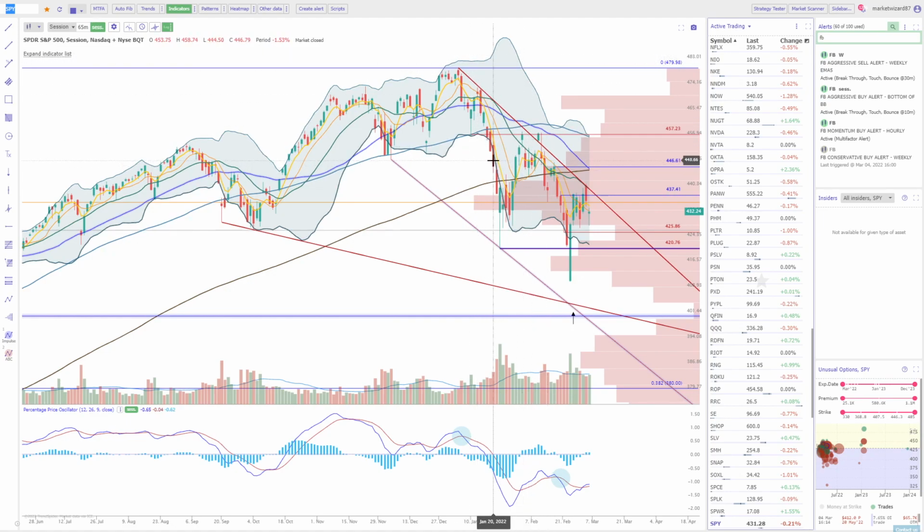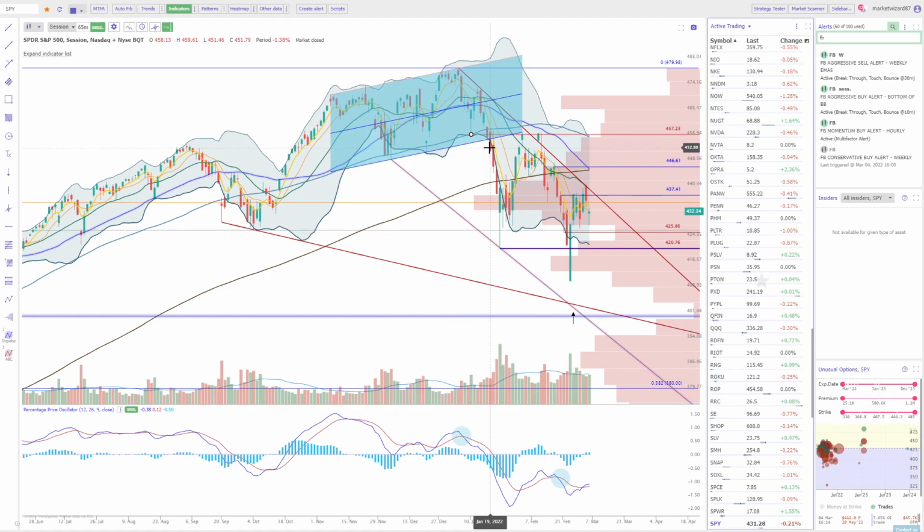And so when you've got something that closes outside the bands and stays outside, that's generally signaling a trend change. So this whole time, right, we could sit here and say this thing is stuck in a range, right? When did she break out of the range? When she closed below the bottom of the Bollinger Band.